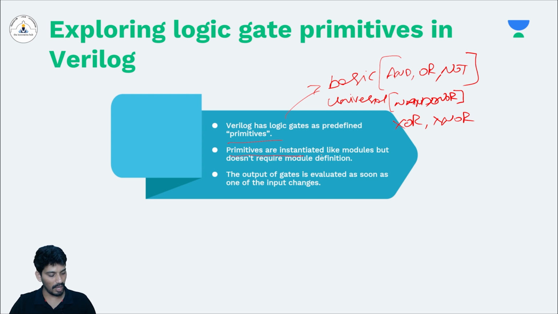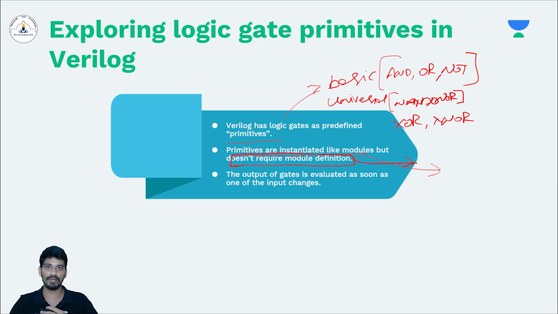These primitives are instantiated like modules, but they don't require any module definition because the module definition is already provided by Verilog. So it is like the header files that are already defined in C. You just need to invoke those and use them as you wish. And one more advantage is, since it is a primitive, you don't need to give the name of that instance.